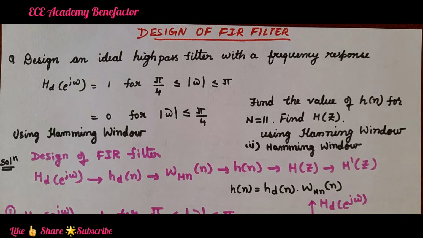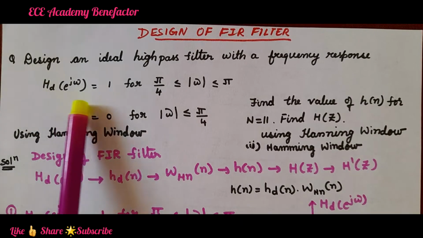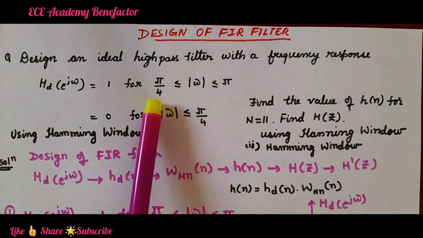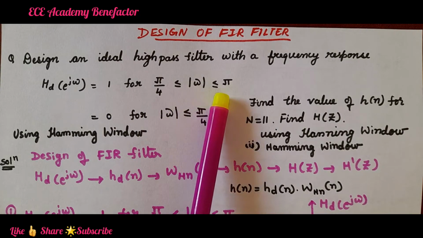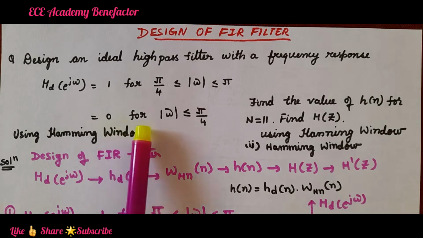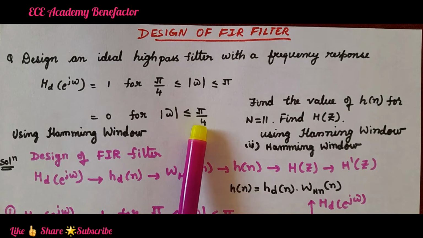In this class we will be seeing the design of an ideal high pass filter with a frequency response given. The topic is from the design of FIR filter. The desired frequency response HD of e to j omega is given as 1 for pi by 4 less than or equal to mod omega less than or equal to pi, and is equal to 0 for mod omega less than or equal to pi by 4.